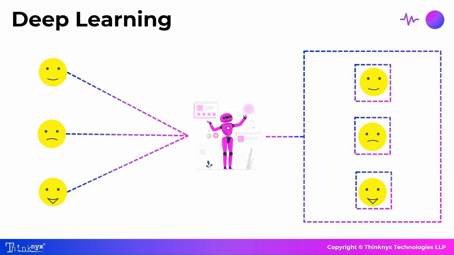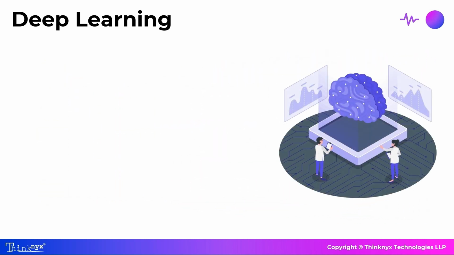Deep learning systems excel at processing vast amounts of data, recognizing patterns, and taking complex decisions. This ability to learn from data without explicit programming is what sets deep learning apart and makes it a powerful tool in various applications. So, what exactly is deep learning?